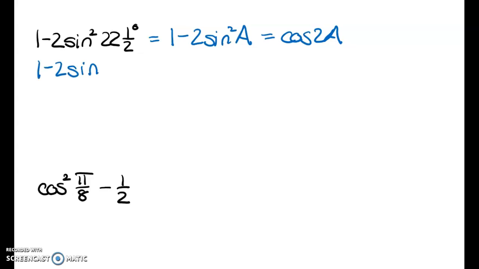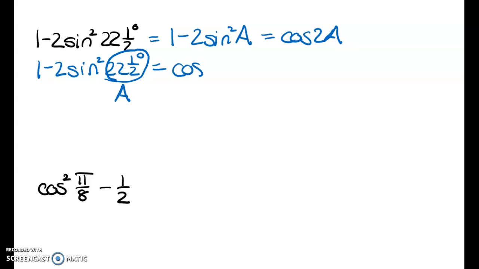All right, so now how would you do something like this? Well, if I have my identities up, this looks a lot like 1 minus 2 sine squared A. All right, and I know that is cosine of 2a. So in this case, 1 minus 2 sine squared 22.5 degrees equals, this is going to be my a value.